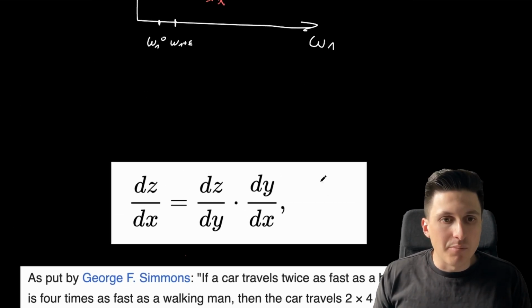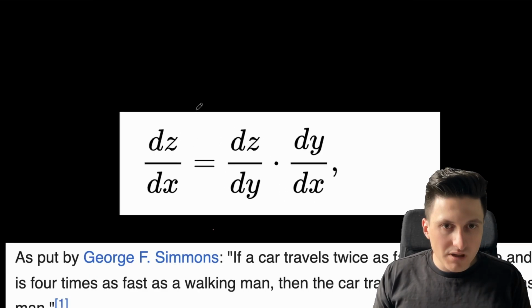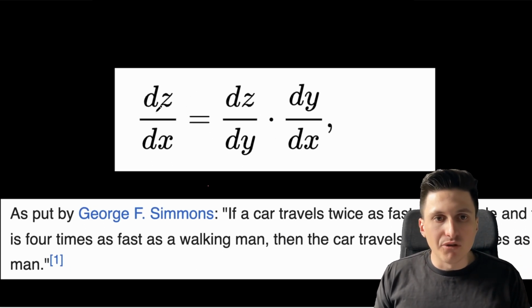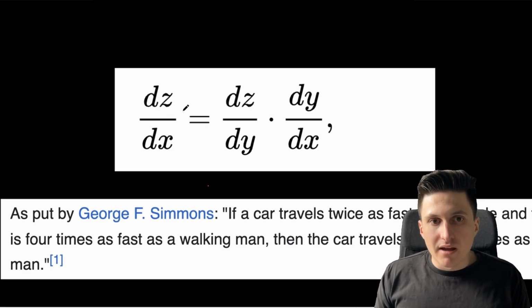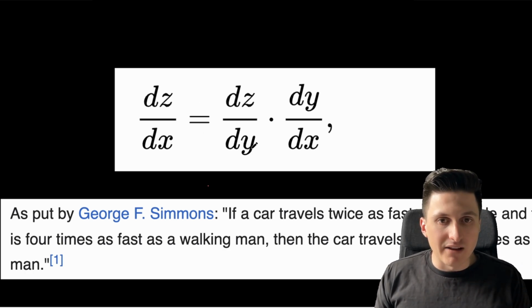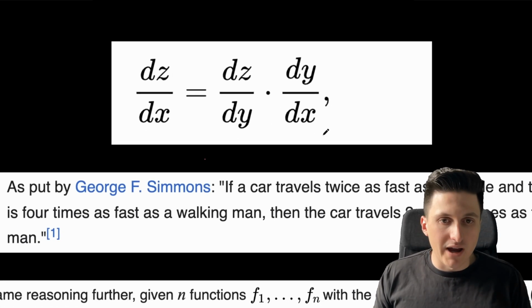And I pasted some explanation right here. What we basically need to do is, if a variable z depends on a variable y, and it's the variable y that depends on x, we just need to multiply the derivative of z with respect to y times the derivative of y with respect to x.